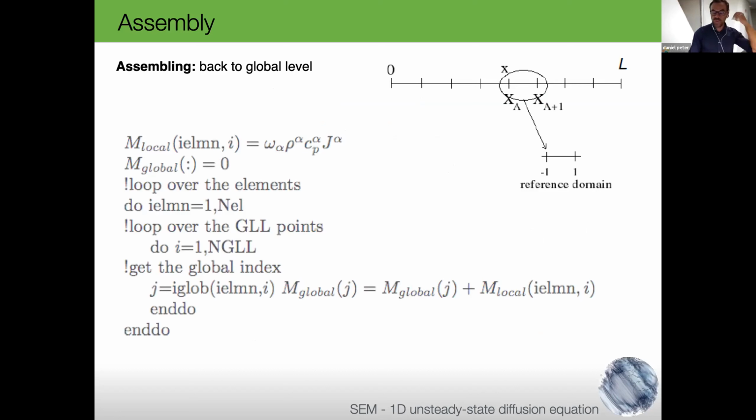Where you have a loop over elements, then a loop over the GLL points, and you compute what the local element contribution is, M local, and assemble this into the global mass matrix, the M global part. For that, you would use this location matrix or this iGlobe matrix.